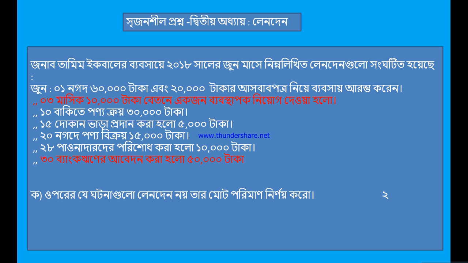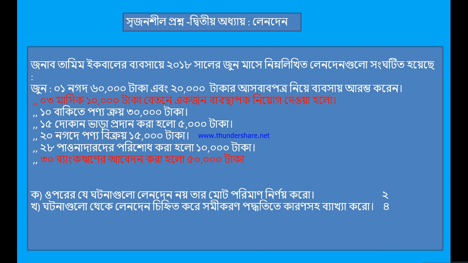Number 2, identify the respective transactions and explain through maintaining the accounting equation. And number 3, show the effect of transactions on the accounting equation. So the marks distribution is 2, 4, 4. It is the practical solution.